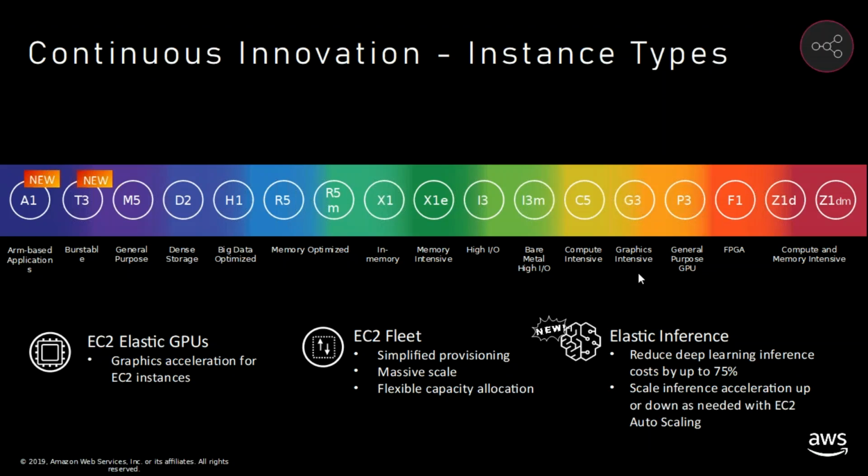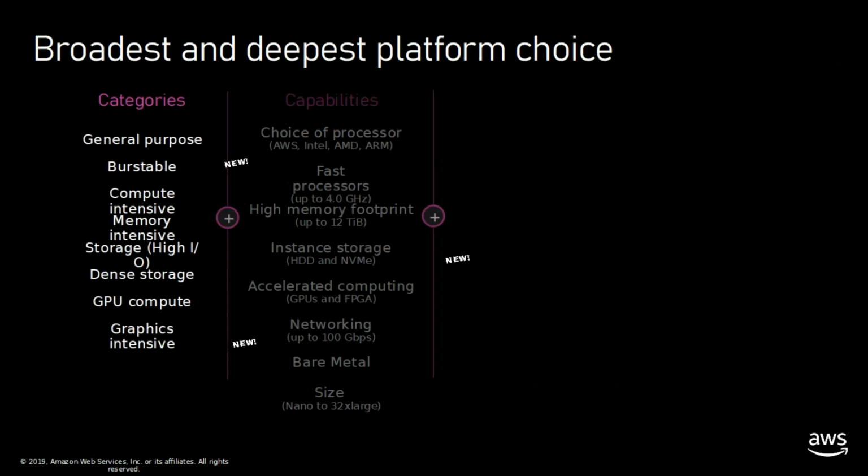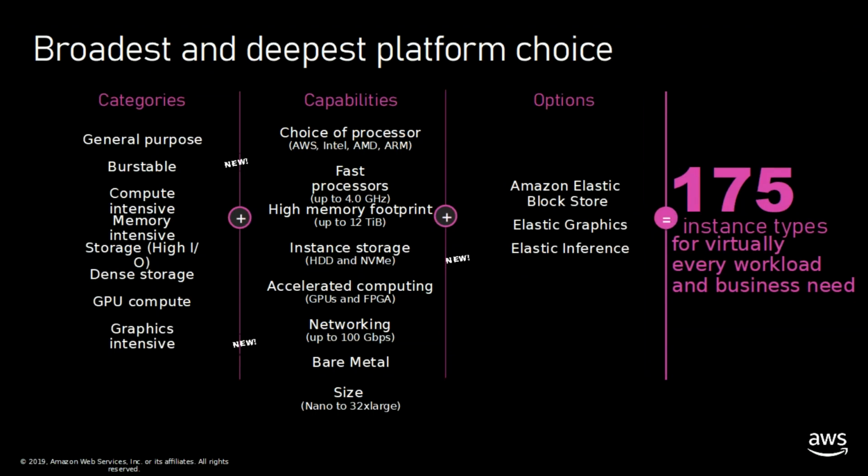If you need graphics intensive, we have G3. Or if you need compute intensive, we have C5. So for all the workloads that you will be needing, there's an instance type that can meet it. Here, broadest and deepest platform choice. You choose by categories, capabilities, and options for storage.